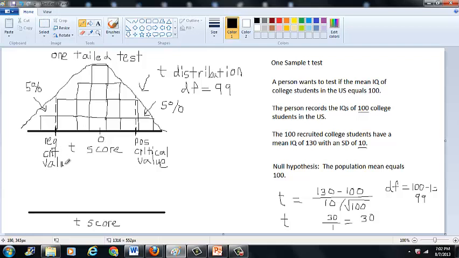And we can actually find out what the positive and negative critical values are. For our example right here, we need our degrees of freedom, and we need to know that we're doing a one-tailed test. And now we can go to our table.